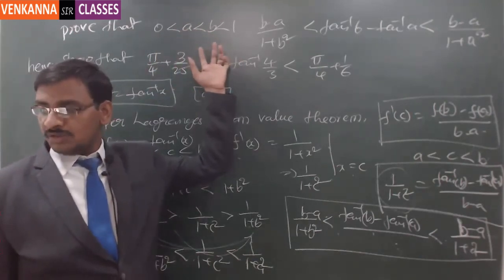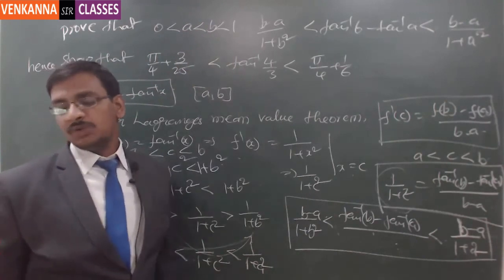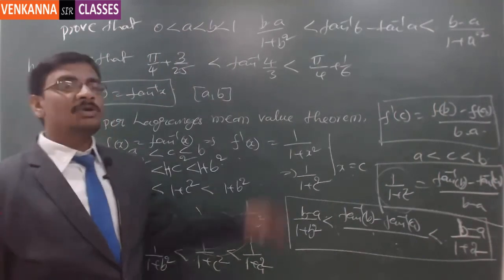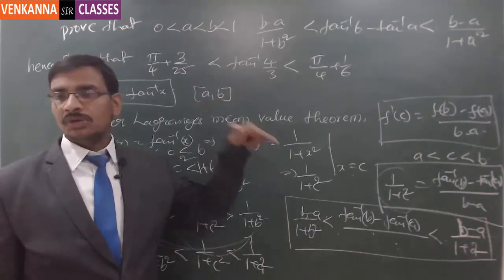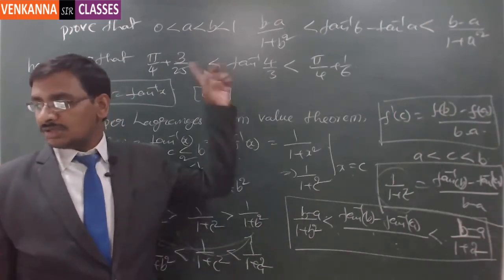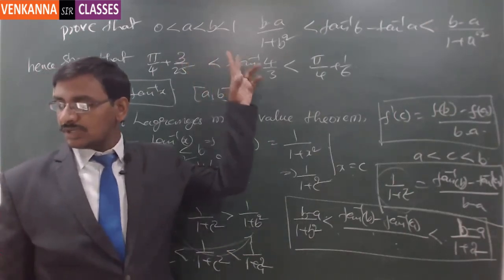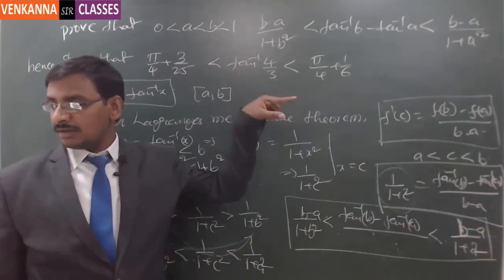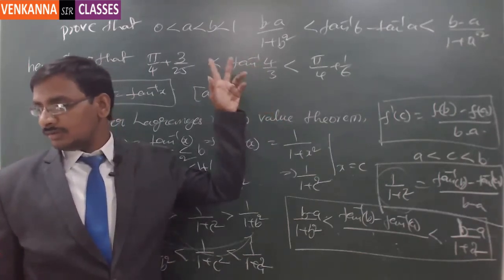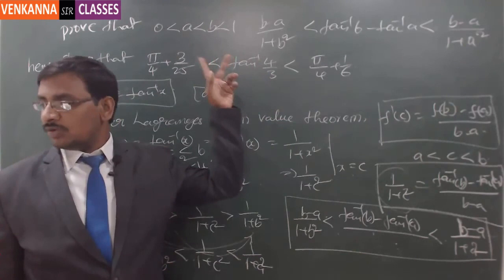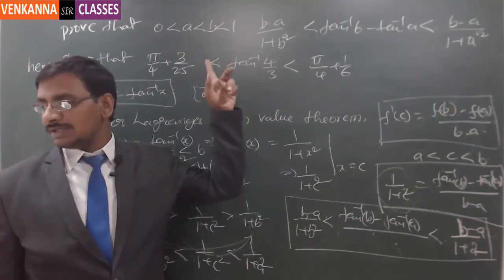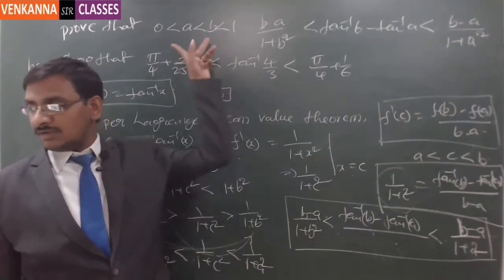Both the values. Here essentially what he is trying to say is, forget about the Rolle's theorem and talk about only the Lagrange's mean value theorem, because within the range of 0 to 1, there is no possibility of the function tan having the same value for A and B. So that is a continuously increasing function. That's why he has given this condition.